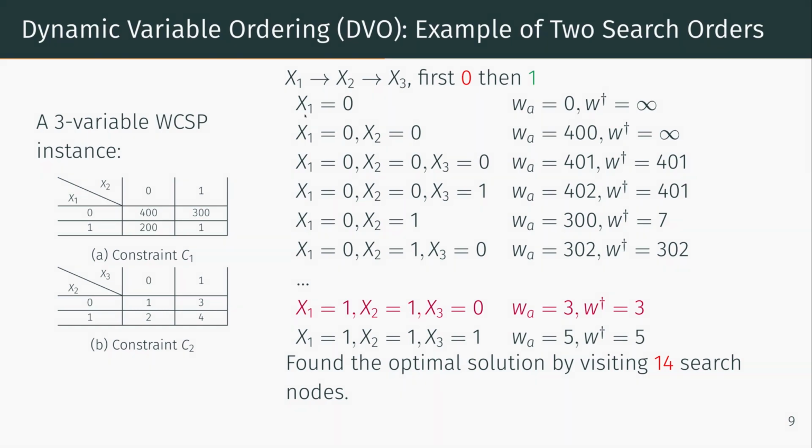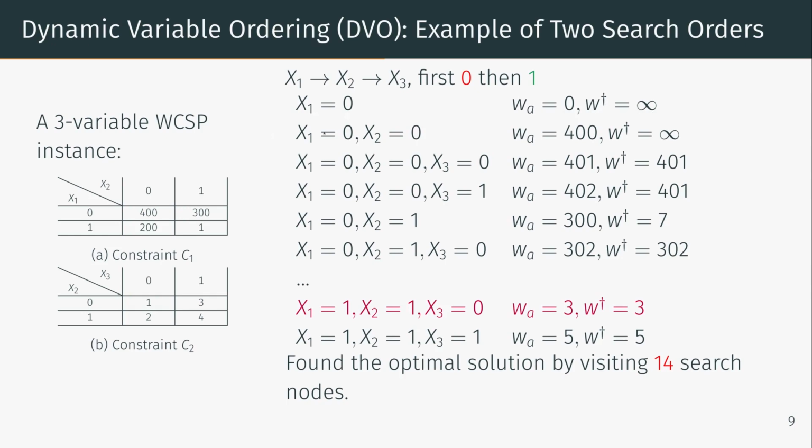The first search node is x1 equals 0. At this search node, since there's no unary constraint, there's no constraint between all assigned variables, which is x1 alone. So we have WA equals 0. And because we haven't reached a complete assignment yet, we have W-dagger equals infinity.